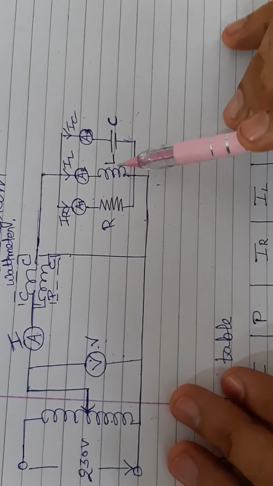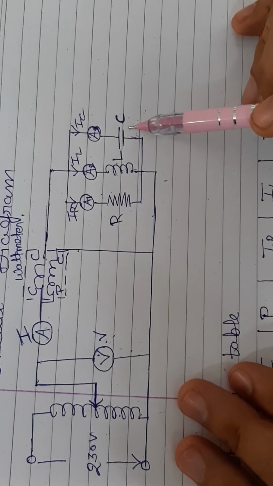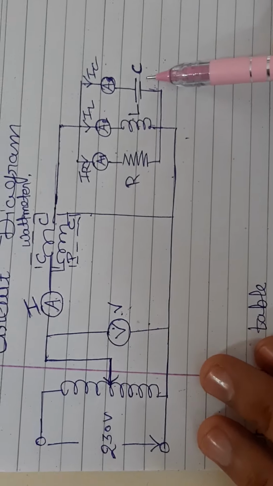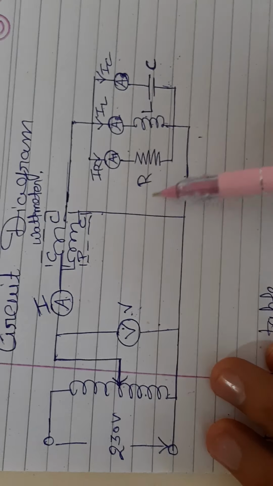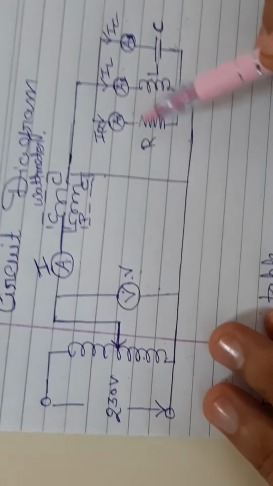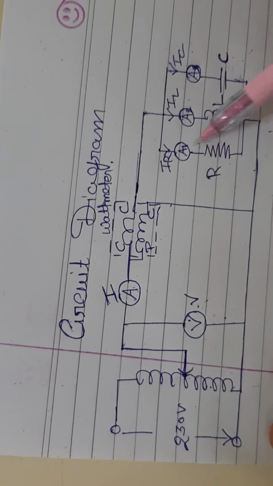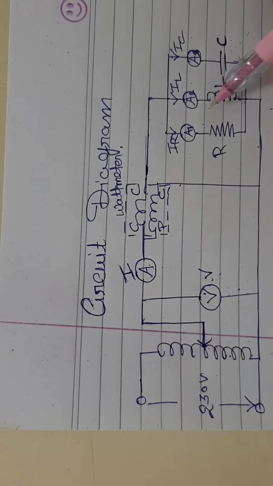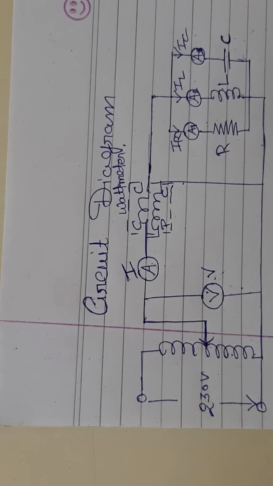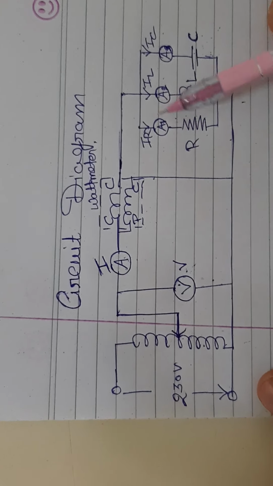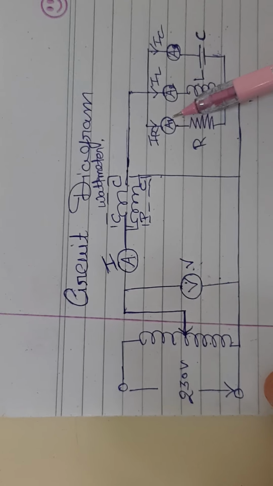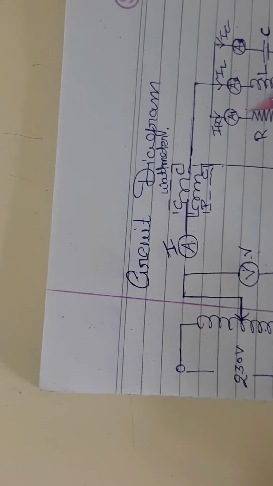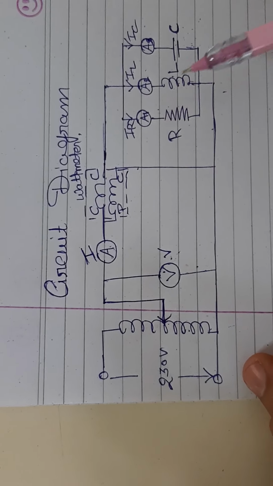So resistance, inductance and capacitance are connected in parallel as shown in the figure, and an ammeter is connected in each and every branch to measure the current of each component. Second, we have to determine the range of the ammeter. The range of the ammeter depends upon the value of the components we have used.